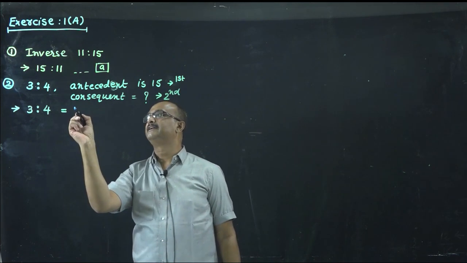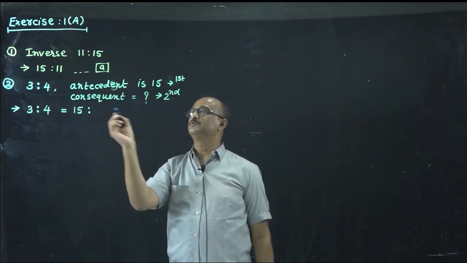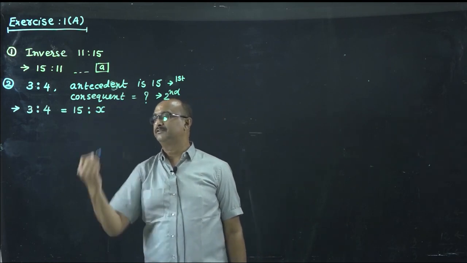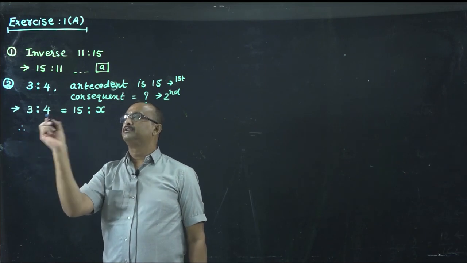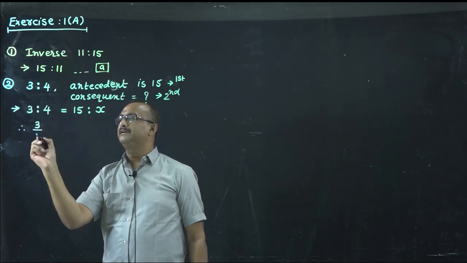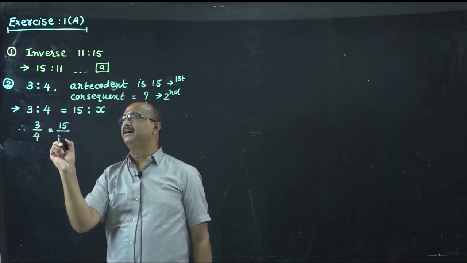So we can write 15 is to, here we suppose the consequent is x, or a, b, whatever you can take. Now solve this equation. 3:4 is equal to 3/4 and here it is 15 by x.